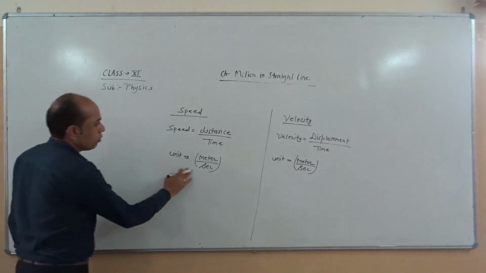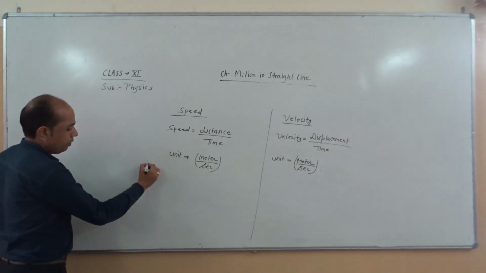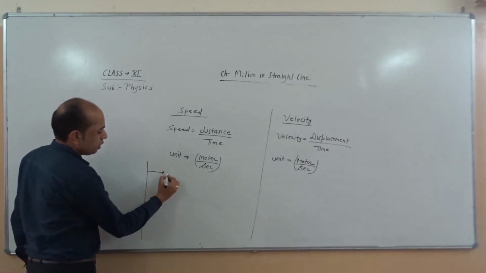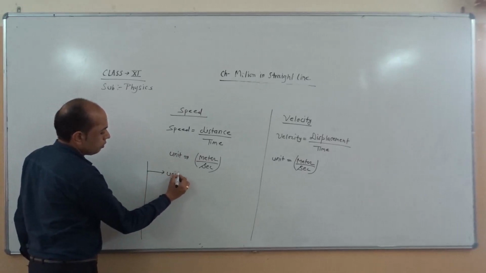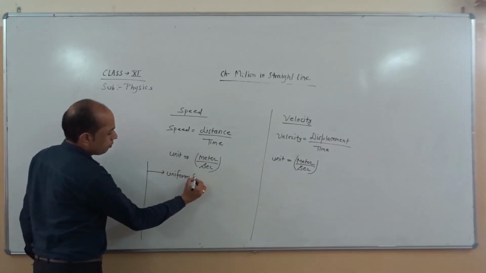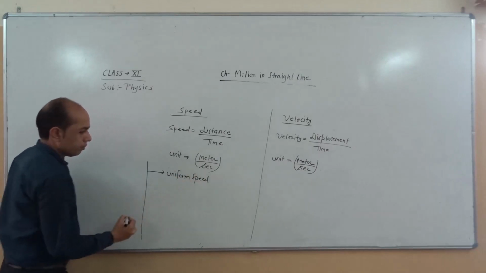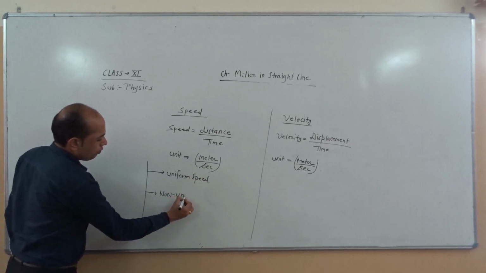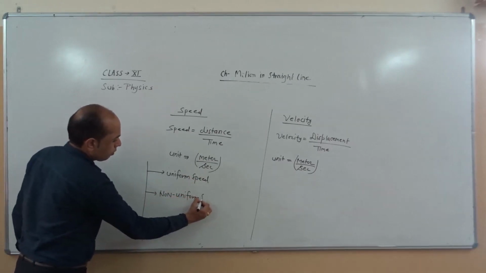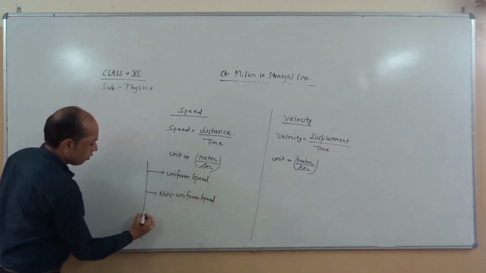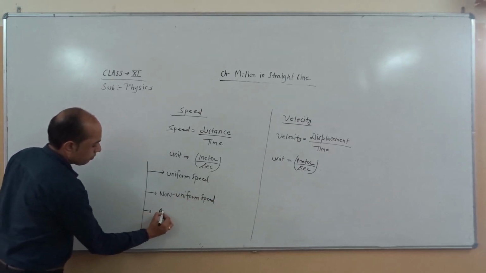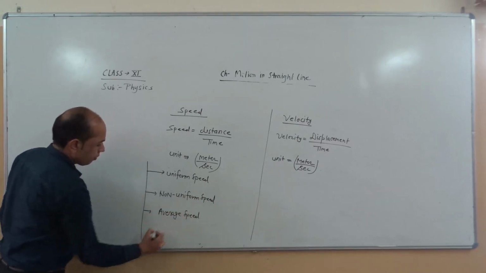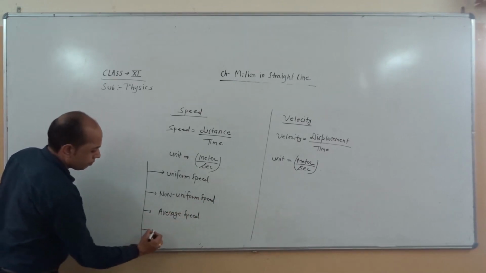Next we come to how many types of speed. So we talk about the types. First is uniform speed. Second is non-uniform speed. Third one is average speed, and the fourth one is instantaneous speed.